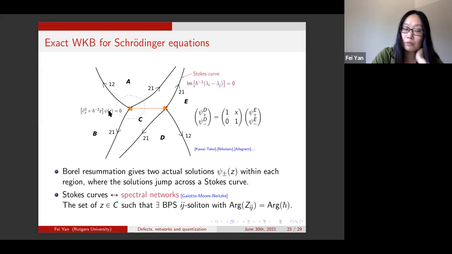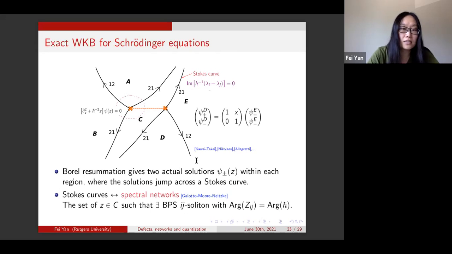Namely, locally, one would just be looking at an Airy equation where everything could be done very explicitly. In particular, you could derive this kind of unipotent jumping using the connection formula for hypergeometric functions. So that's one nice check one can do to convince you this is a correct picture.